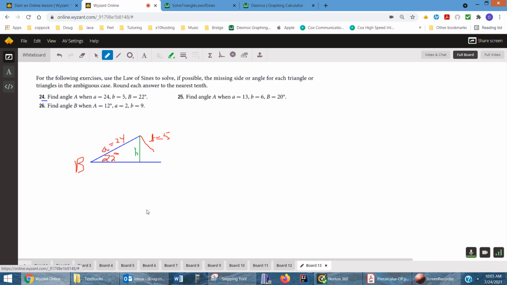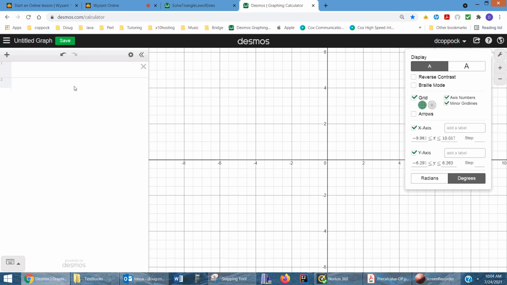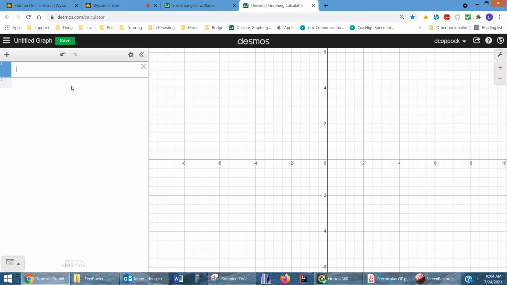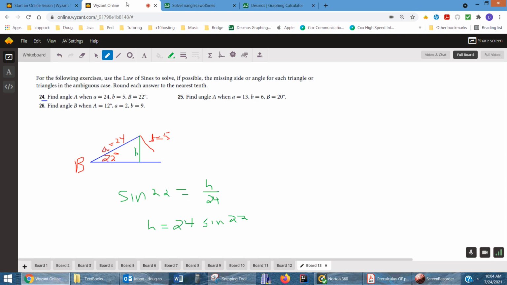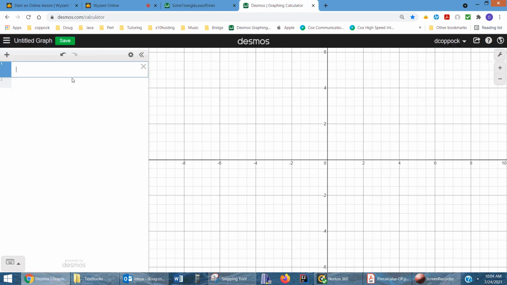How do I find h? Well, the sine of 22 is h over 24. So h is 24 sine of 22. Say that one more time, 24 times the sine of 22.